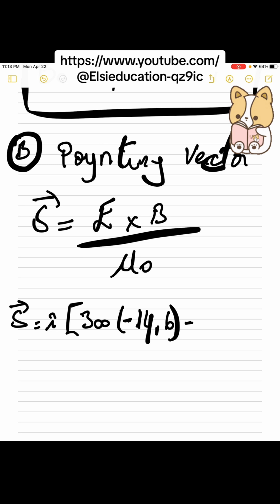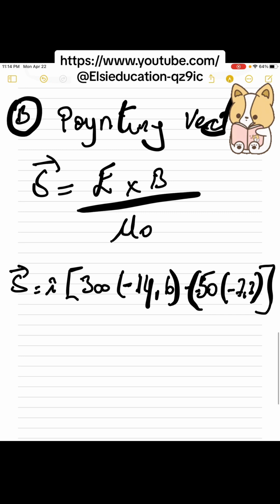Minus 50 multiplied by minus 7.3. Okay, this is on the i section.